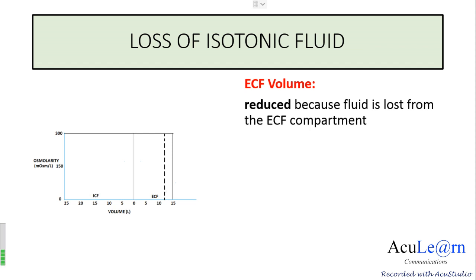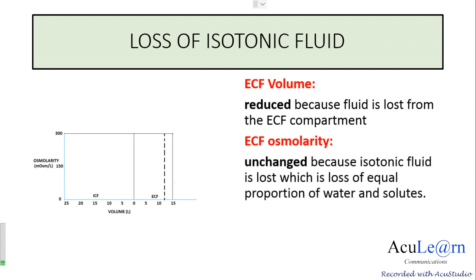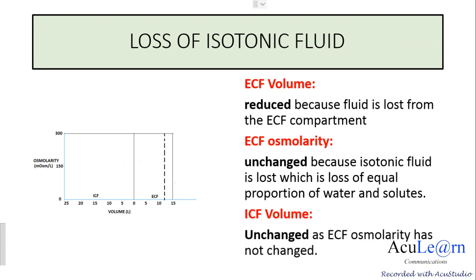Now, because there is loss of isotonic fluid, there is no change in the ECF osmolarity, because when you lose isotonic fluid, you lose equal proportions of water and solutes. So the osmolarity of the ECF does not change. Now, if the ECF osmolarity does not change, then the ICF volume is not going to change, as ECF osmolarity will be the same as the ICF osmolarity.